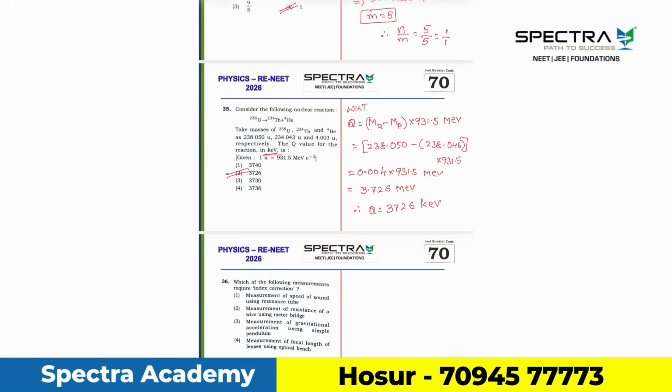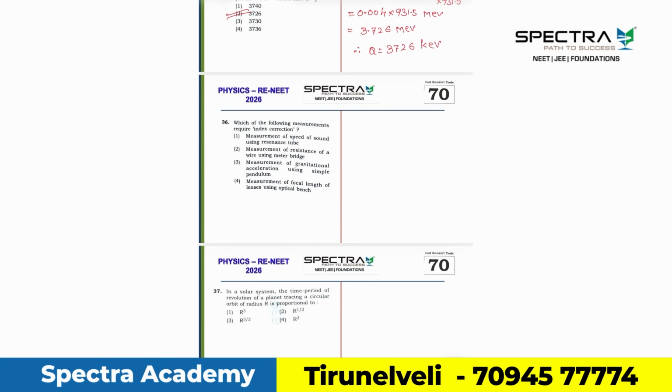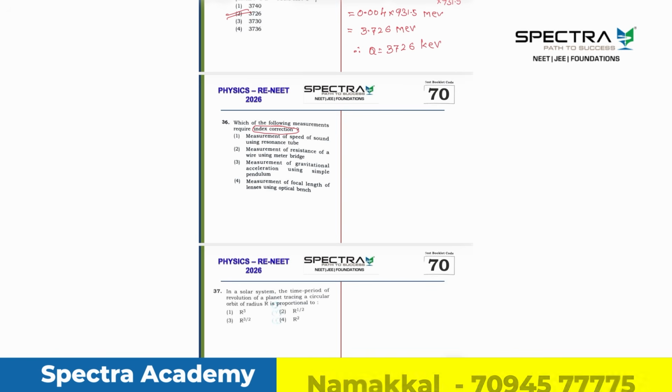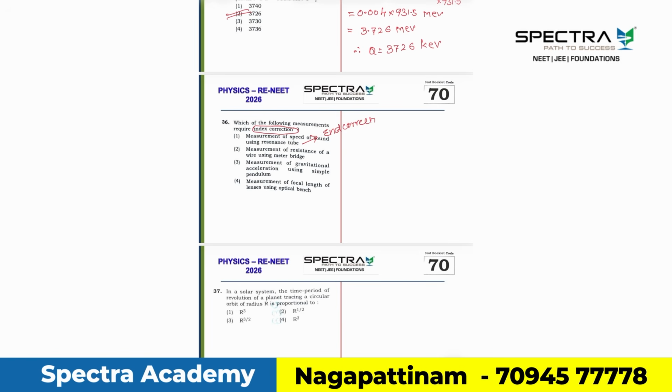So, see the next question, what they are saying to us. Which of the following measurements require index correction? Okay, so read the options here. Measurement of speed of sound using resonance tube involves end correction.